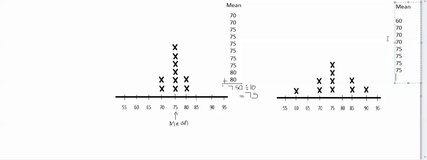Actually, I'm going to need to move these two over here. So we'll have 80, 80, and then 90. I'm doing that just so that the mean comes out to a nice number without any decimal points. I'm also doing that so that the mean of this class will be the same number as the mean of this class.